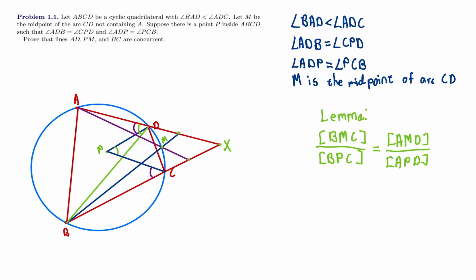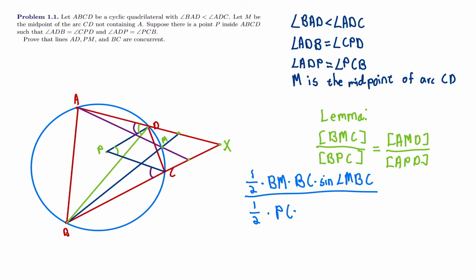So the area of triangle BMC is equal to 1/2 times BM times BC times the sine of angle MBC, over the area of triangle BPC, which is equal to 1/2 times PC times BC times the sine of angle PCB.